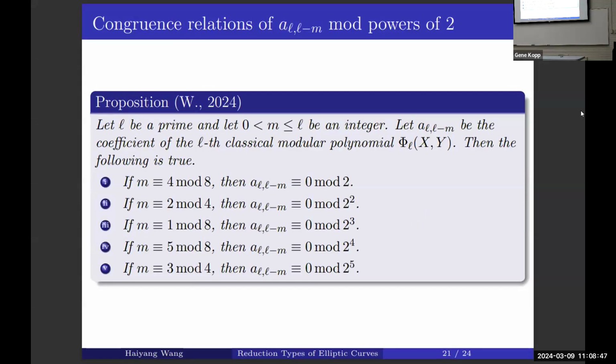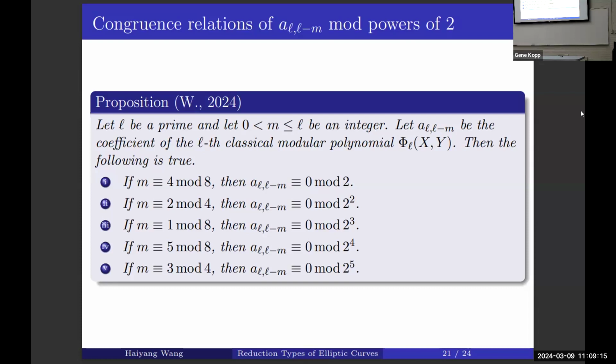Using the formula, we are able to prove the following. Let L be a prime and let m be an integer greater than 0 and less than or equal to L. And let a_{L,L-m} be the coefficient of phi L. If m is congruent to 4 modulo 8, then a_{L,L-m} is congruent to 0 modulo 2.